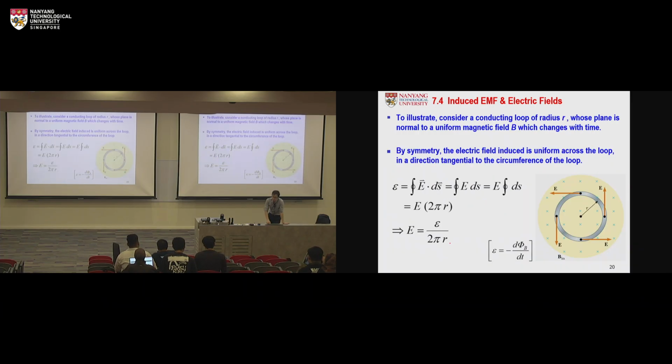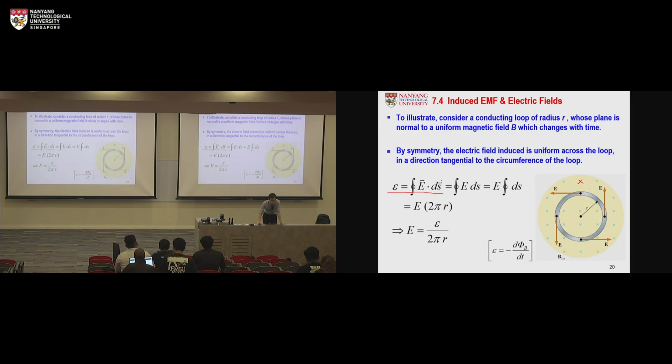If we apply this to a relatively simple scenario, where you have an external magnetic field and inside there is a conducting loop, and we want to determine the induced electrical field E on this conducting loop, we apply this one, right?